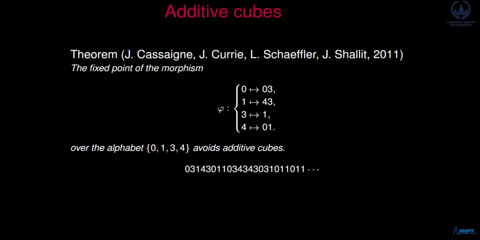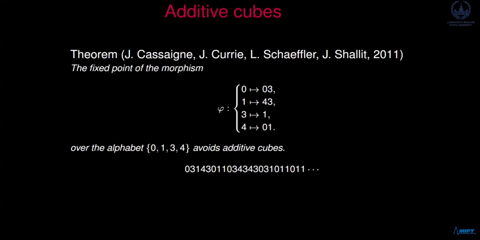The morphism itself is defined as follows. 0 maps to 0, 1, 0, 3; 1 maps to 4; 3 maps to 1; 4 maps to 0. The fixed point generated by this morphism avoids additive cubes, meaning that no three consecutive words within this sequence have the same sum.